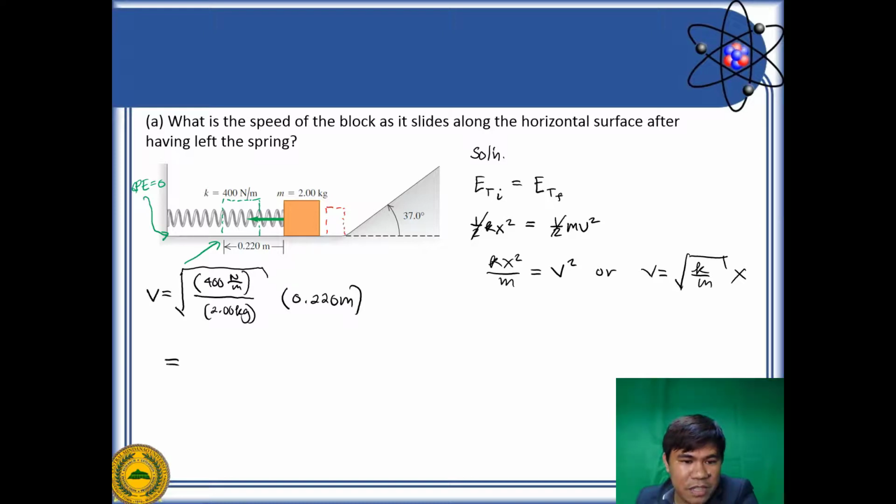If you solve for this, you will get 3.11 meters per second. So that's the speed of the box or the block when it leaves the spring. So take note that the speed is constant as it traverses this horizontal surface.